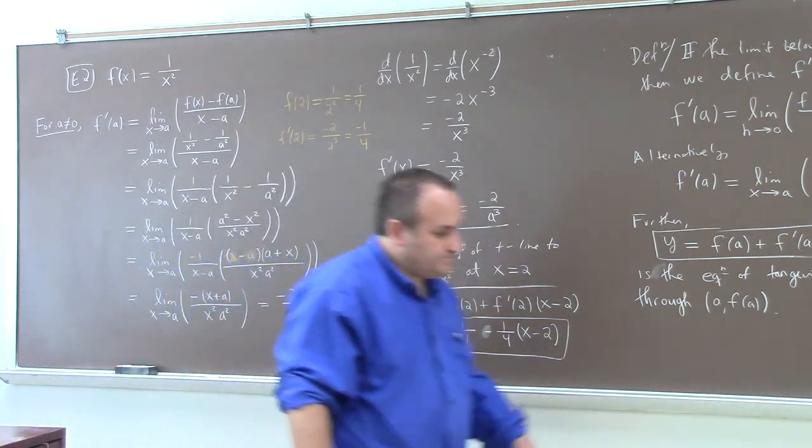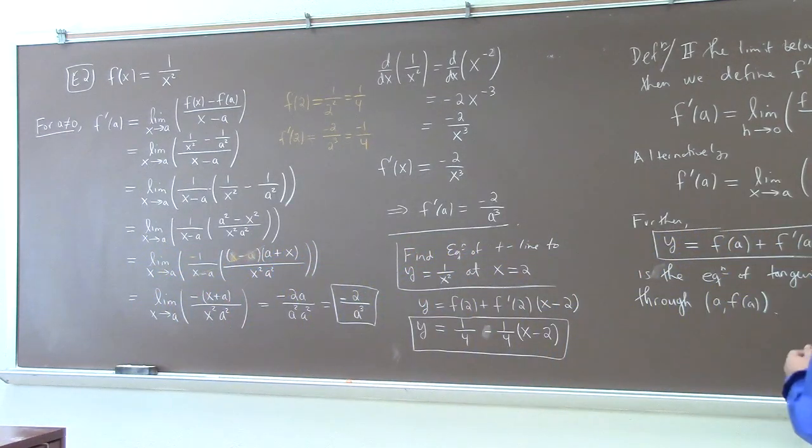Okay, so another example. Let's see here, f of x equals the square root of 2x plus 3.